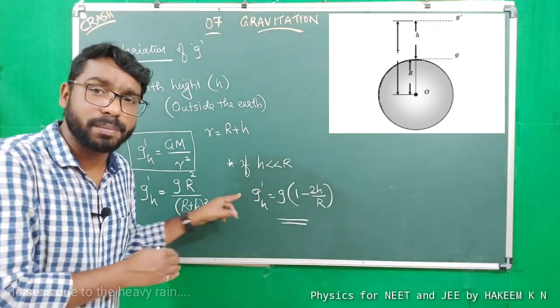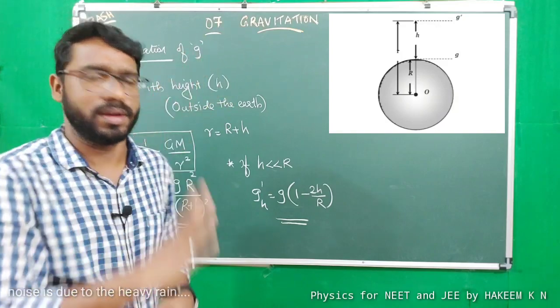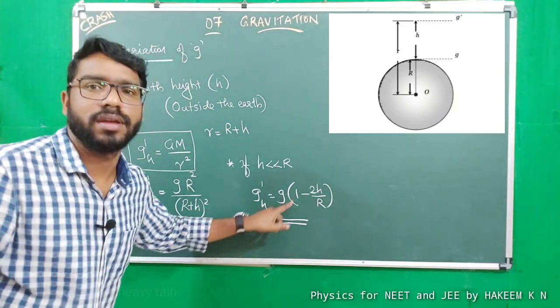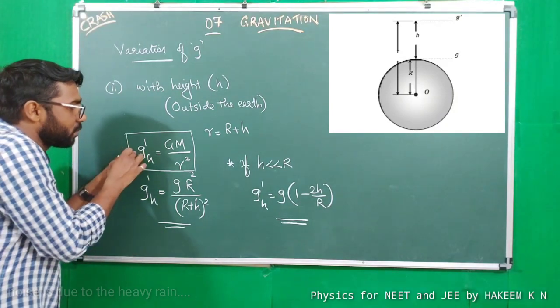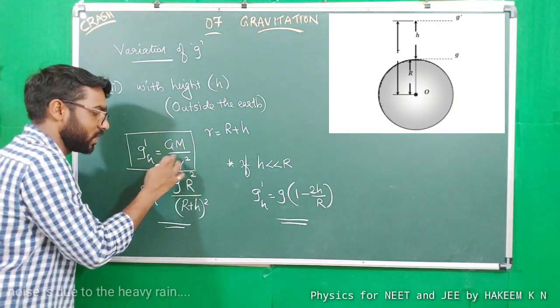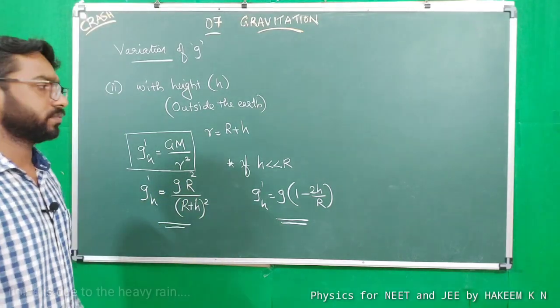But this equation is applicable for small heights only. Otherwise, in all cases, you can apply g' with the height equal to GM by r square, or g r square by (r plus h) whole square.